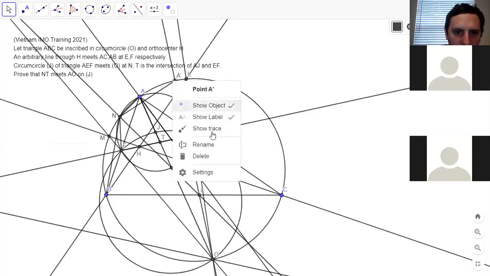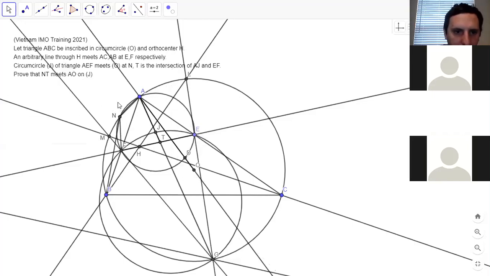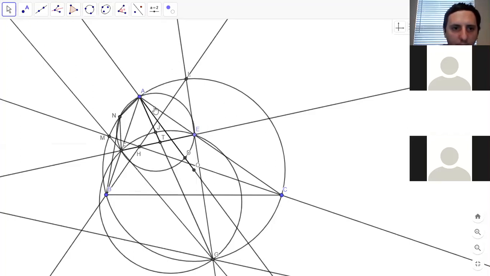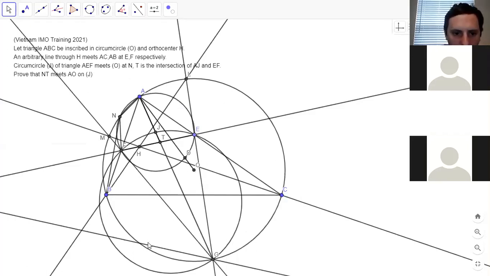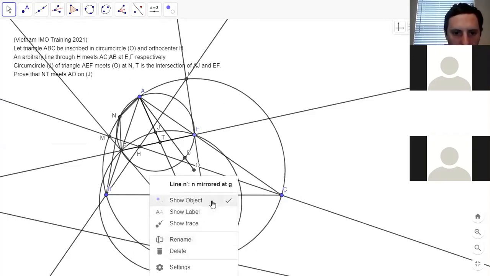Okay, the figure is too messy, so I'm going to make it a little easier. Can I delete A, or at least hide it?